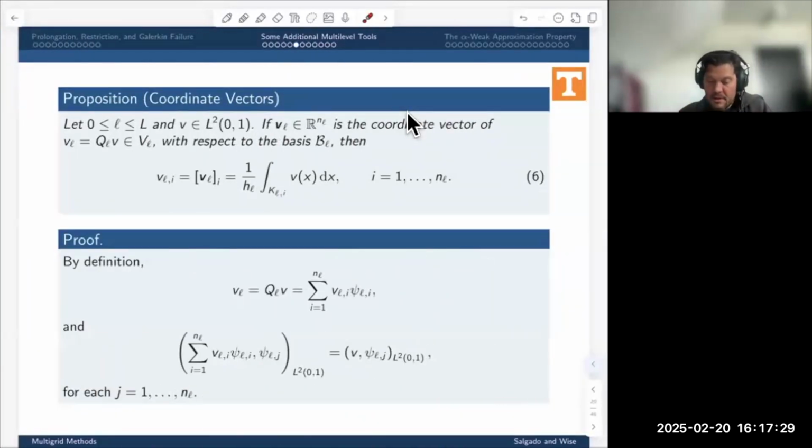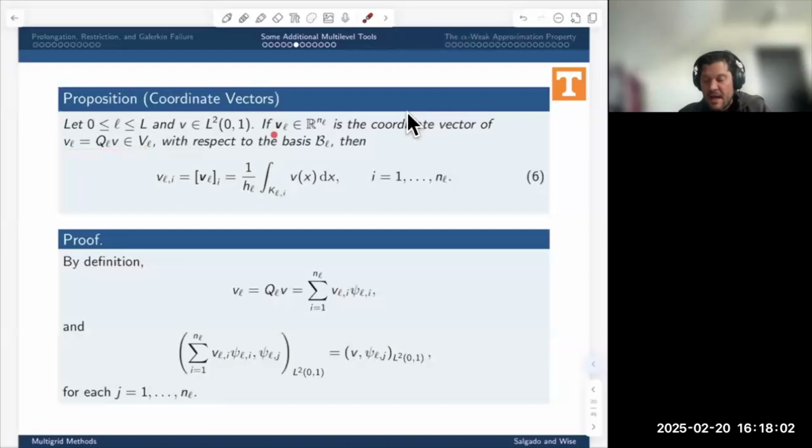All right, so this is saying that that thing that we just defined is well defined. It's well posed. So let L be any grid index going from our coarse grid all the way up to our finest index capital L, and let V be an arbitrary L2 function. Now let's suppose a priori that this thing exists.